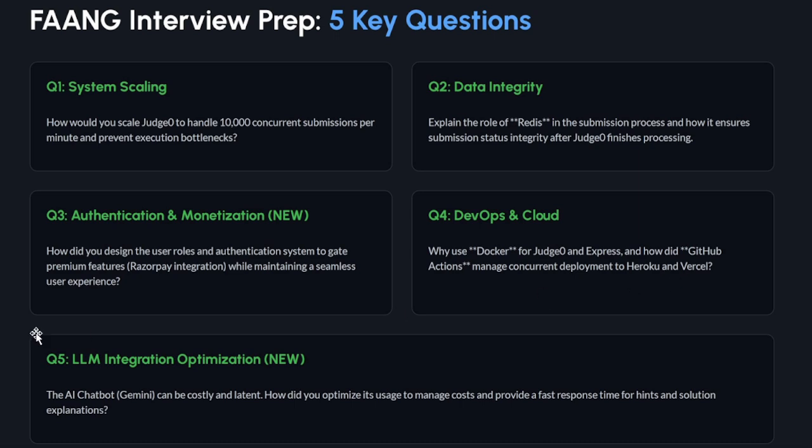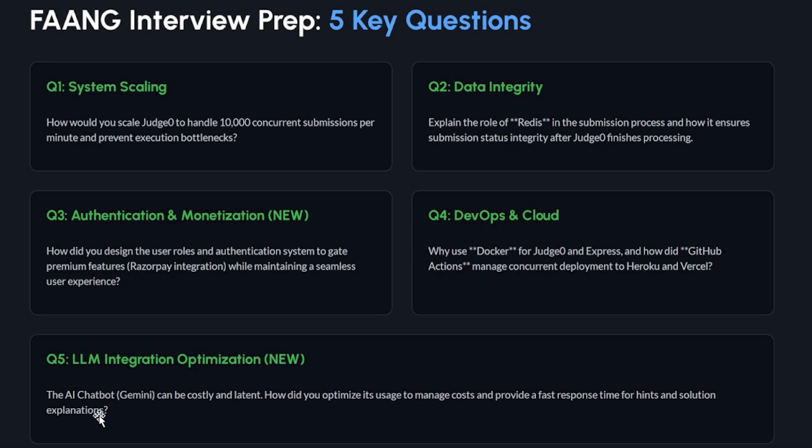Now, the last question is on LLM, large language model integration optimization. The AI chatbot Gemini can be costly and slow. How did you optimize its usage to manage cost and provide a fast response time for hints and solution explanations?